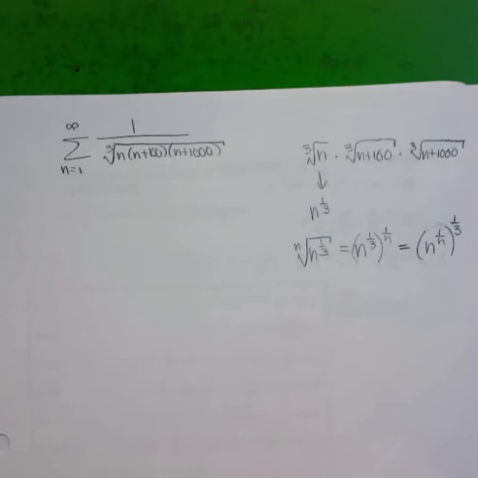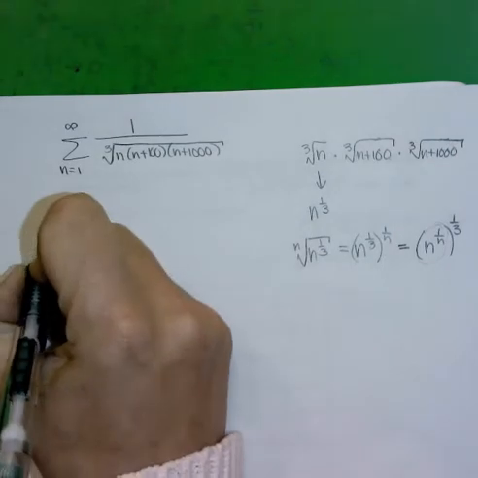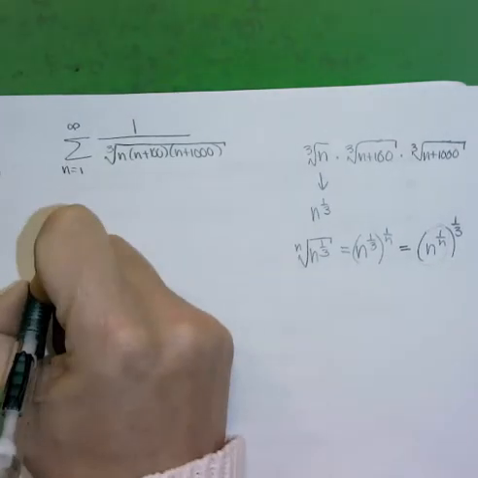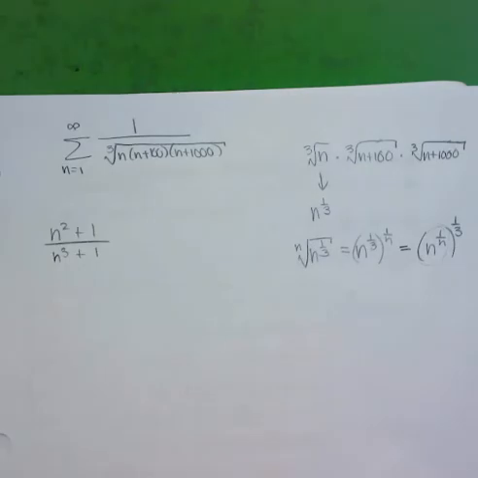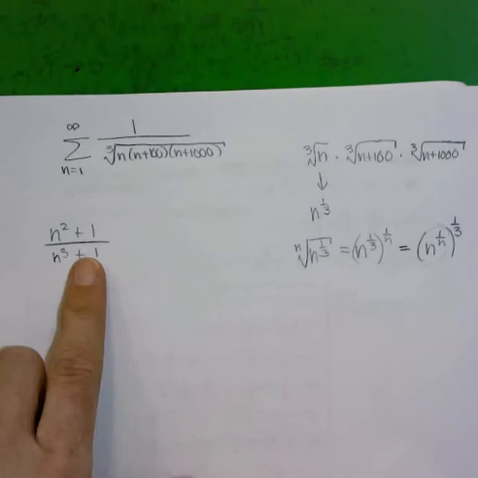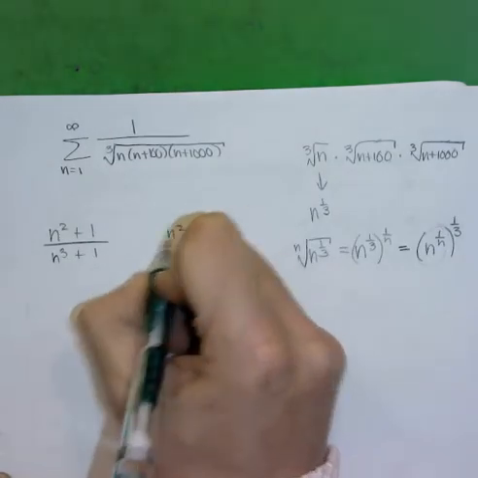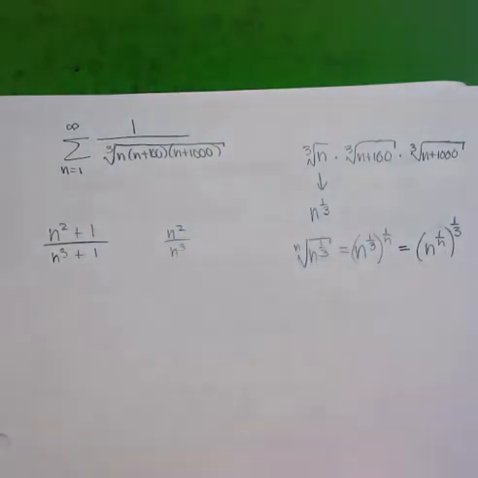And limit comparison is generally the safer way to go because you don't have to prove one is always smaller or always bigger than another. Like the one on the group work was n squared plus 1 over n cubed plus 1. If you want to compare it using the direct comparison test, n squared over n cubed, you have to prove it's always smaller.